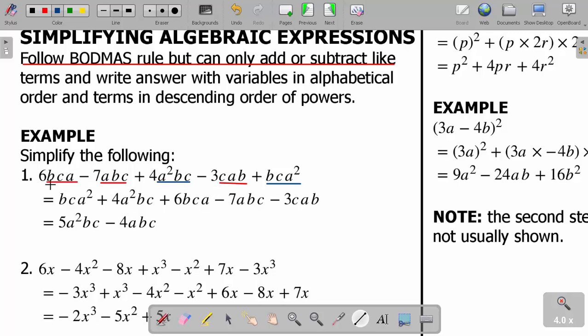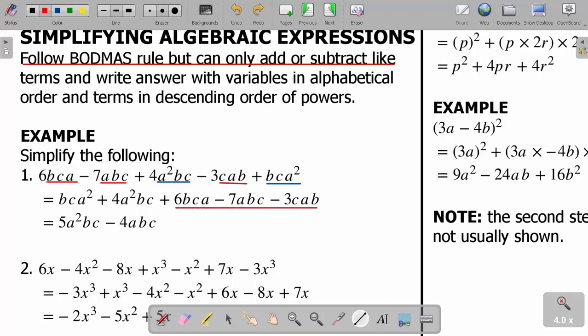So here it's going to be 6bca, then minus 7abc, and then minus 3cab. From here up to here, these are all like terms, which means I can deal with them by subtracting, as they've got minus signs.